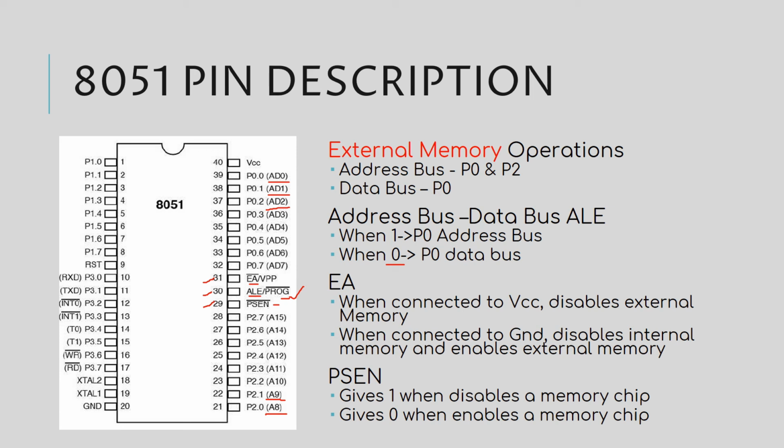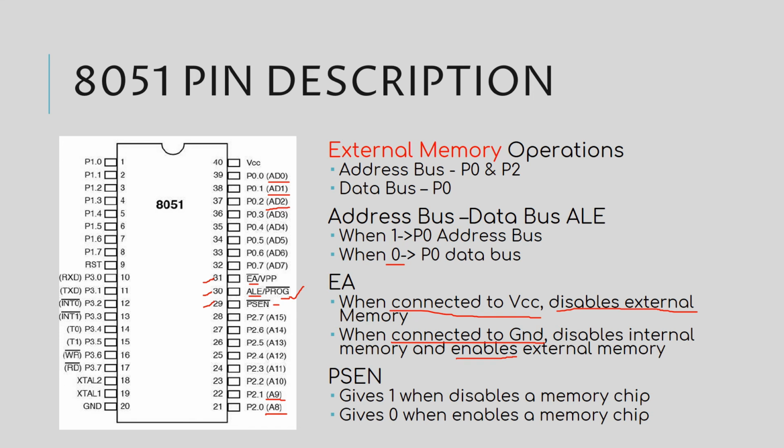So when external memory is connected and you want 8051 to follow the external memory only, connect EA to low. EA is of active low logic. So this enables external access. When this pin is connected to VCC, external access is disabled. Then 8051 reads the internal memory.